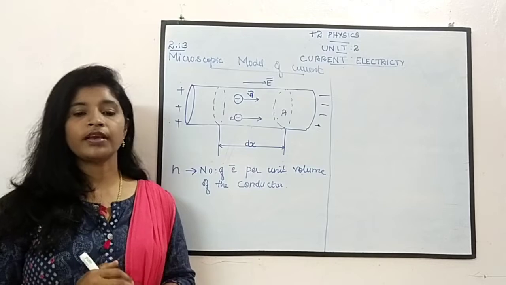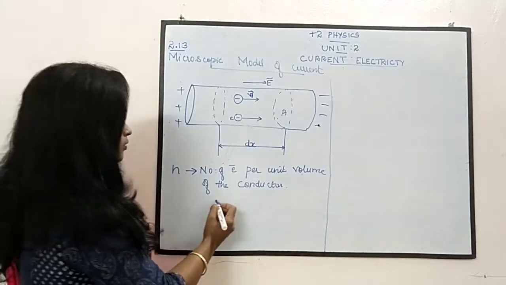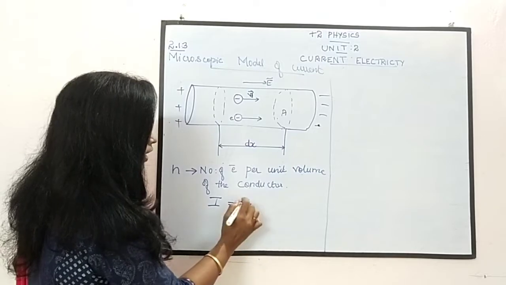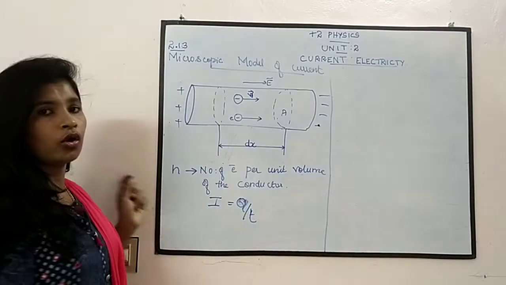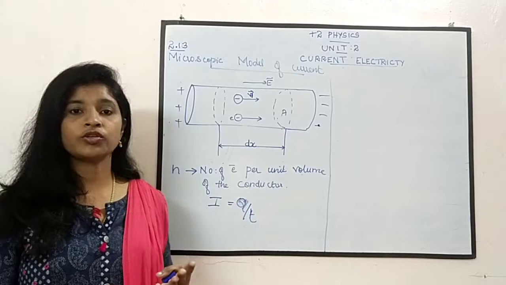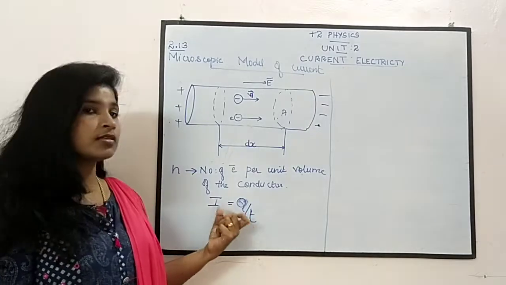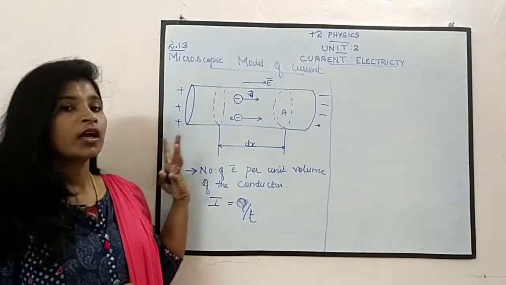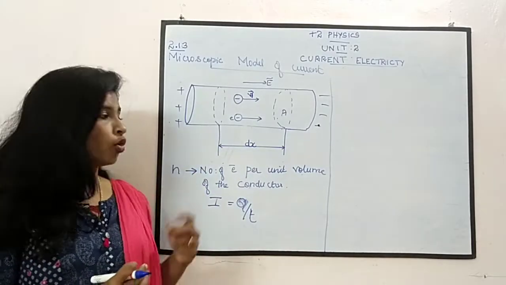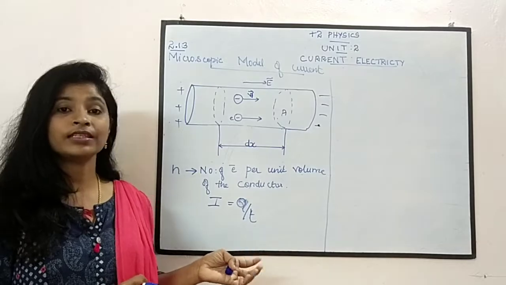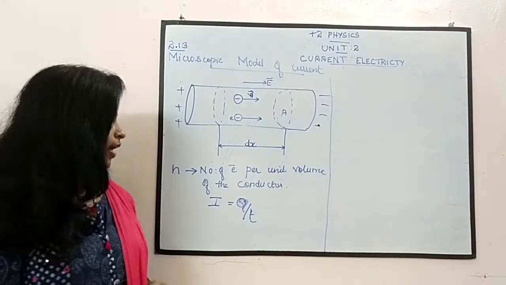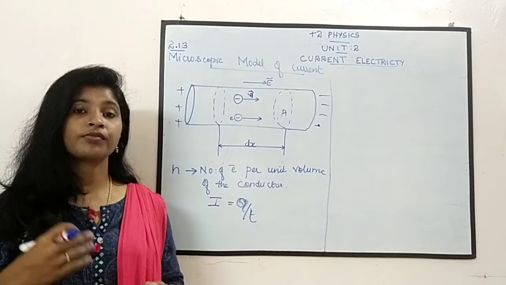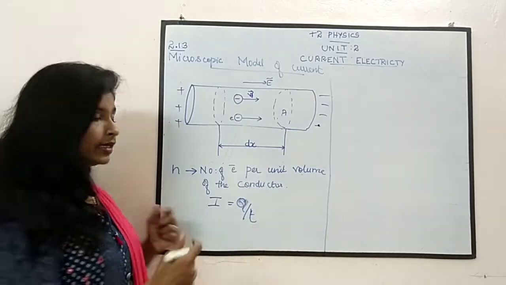What we have studied is that the current I is equal to Q by T. Now I am going to replace this formula, which is charge per unit time, with drift velocity.